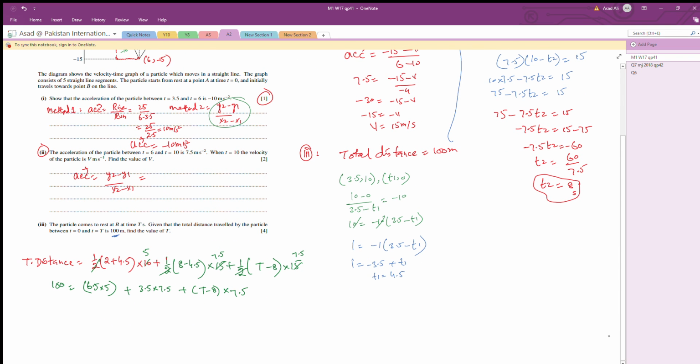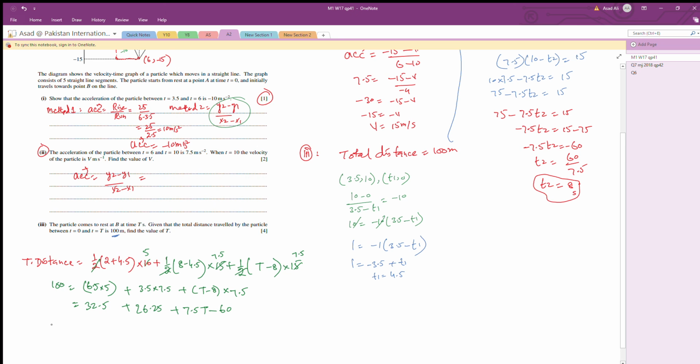Let me solve it for you. 6.5 into 5, the result is 32.5, plus 3.5 into 7.5, the result is 26.25, plus 7.5 T and 8 into 7.5, this is minus 60.